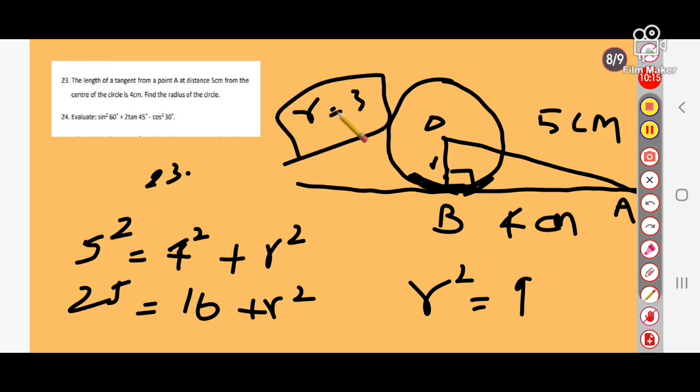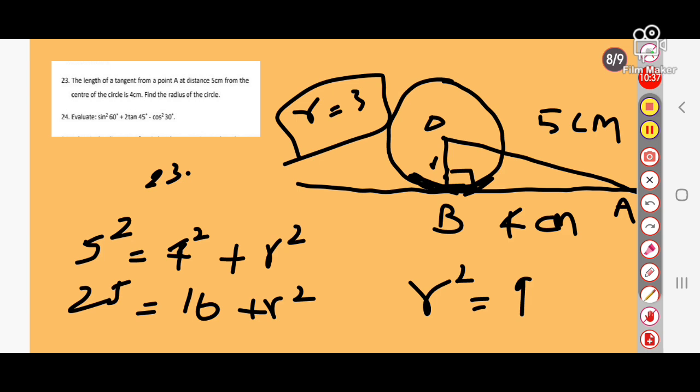The problem they have given looks like a complex problem. Nothing but we just need to draw the diagram so that it becomes simpler when we look, right? We are just applying the Pythagoras theorem and we found the radius value to be 3 centimeters. That's it, right?